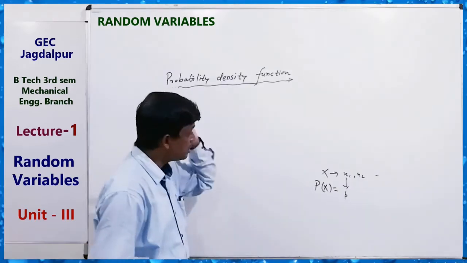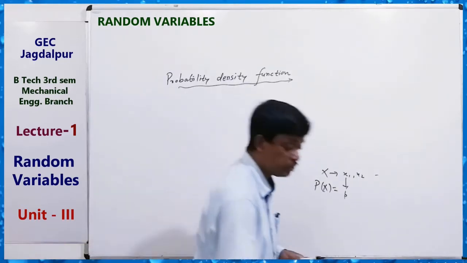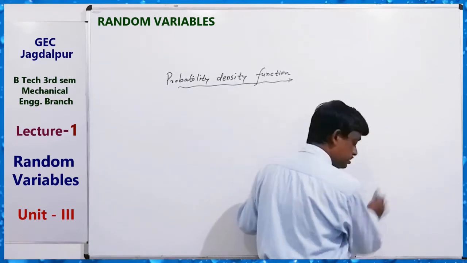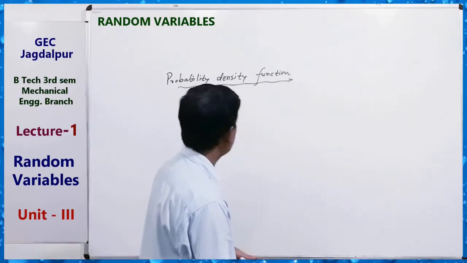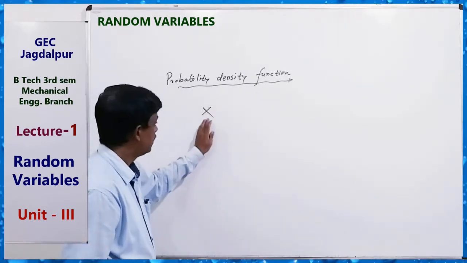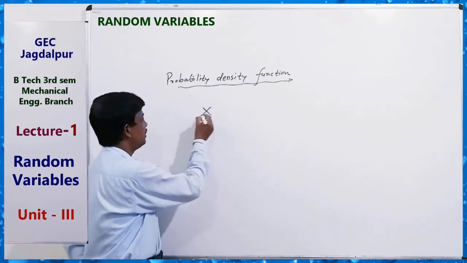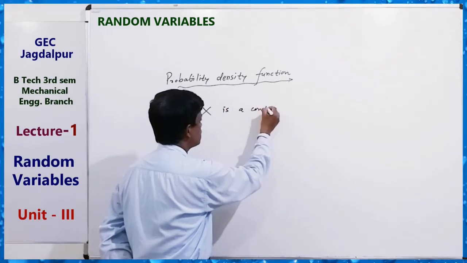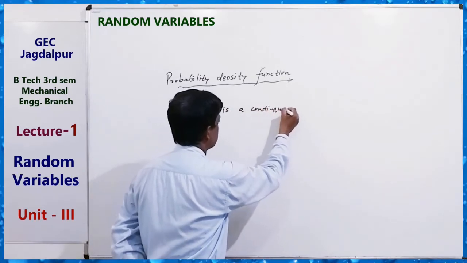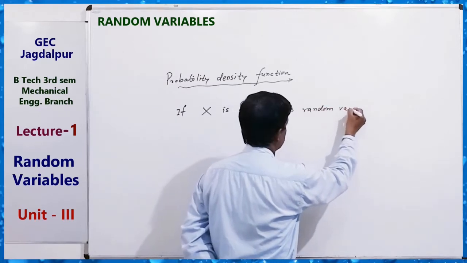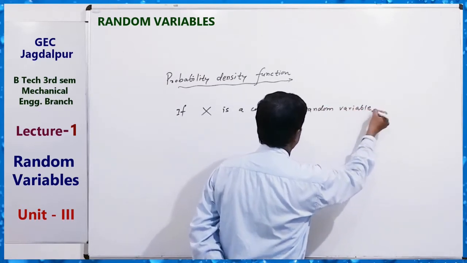Here the probability density function is used for a continuous random variable.